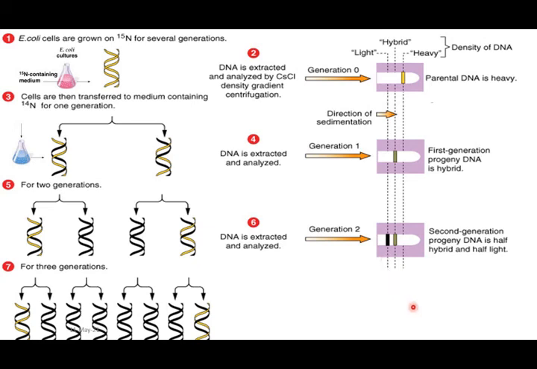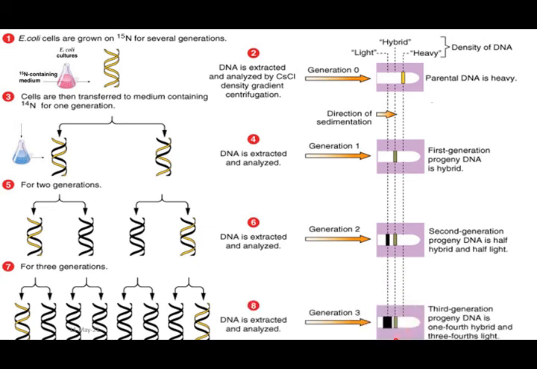And in the third generation also, when the DNA was extracted and analyzed, they saw that 25% of the DNA was at the intermediate level and 75% of the DNA was at the lighter level. Now, these results clearly indicate that only semi-conservative replication occurs in these cells.